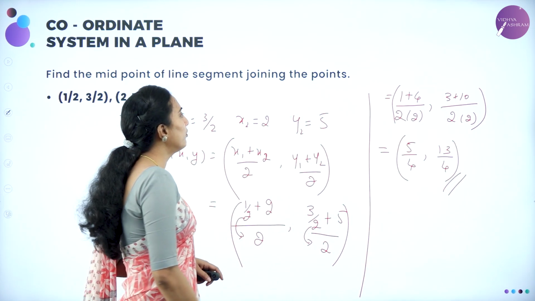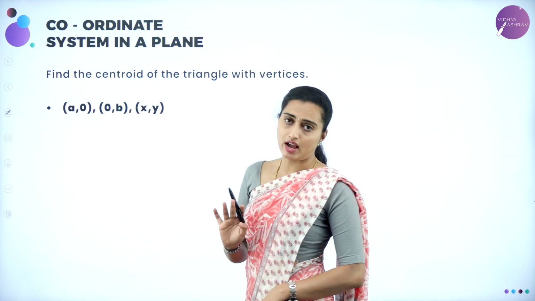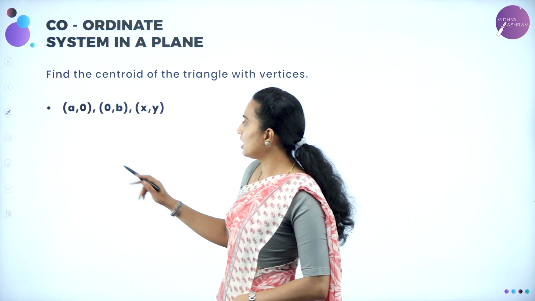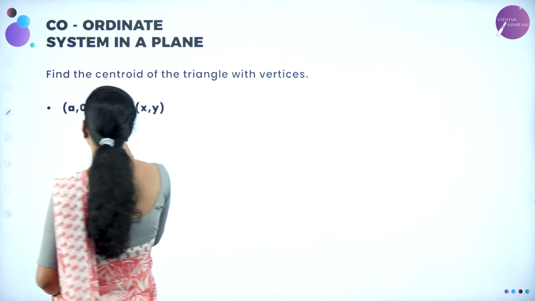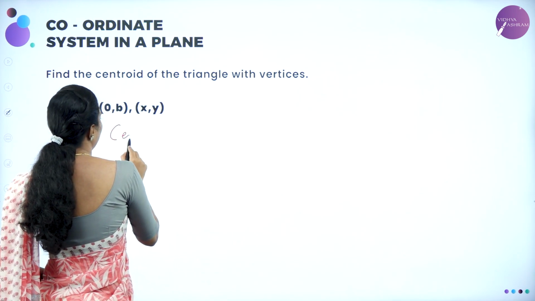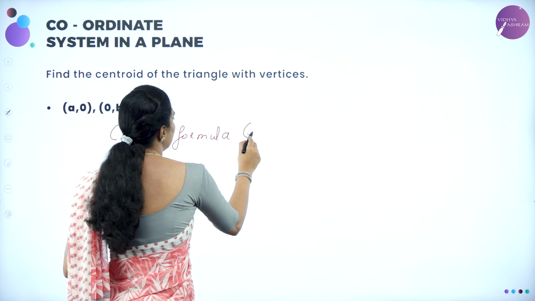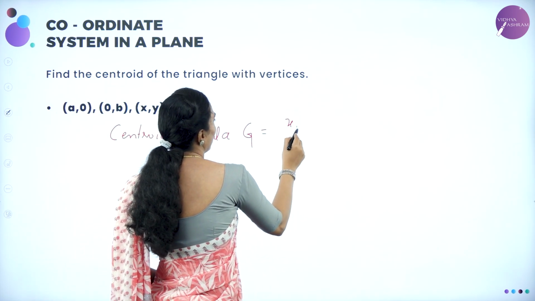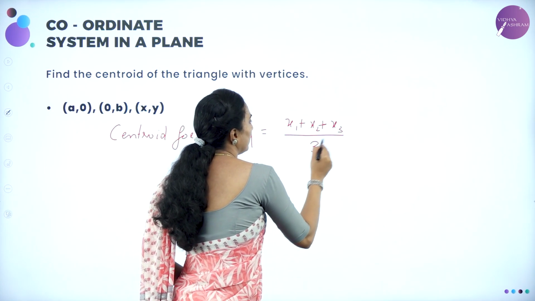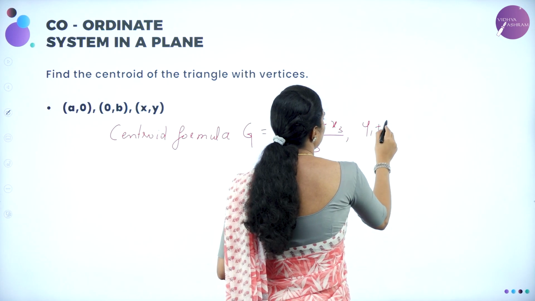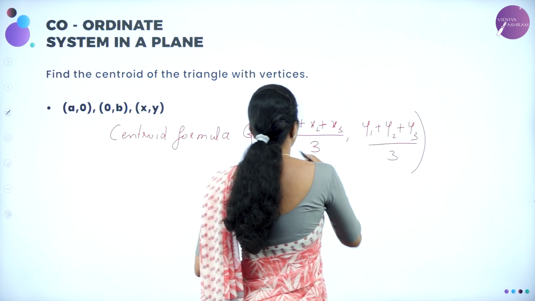Understood? We'll be moving on to the next problem. See, find the centroid of the triangle with the vertices a, 0, 0, b and x, y. What is the centroid formula? Centroid formula is given by G is equal to x1 plus x2 plus x3 divided by 3, comma, y1 plus y2 plus y3 divided by 3, right?